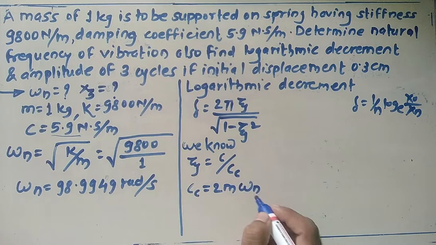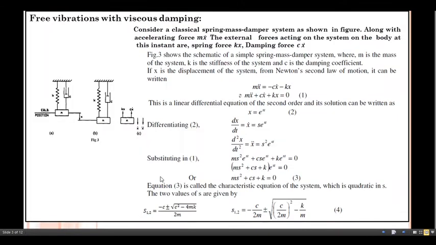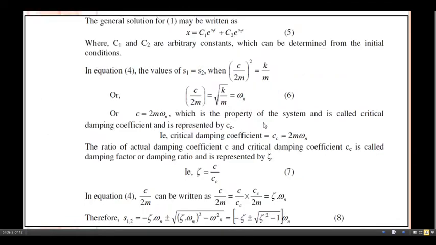I have already seen this relation while discussing free vibration with viscous damping.